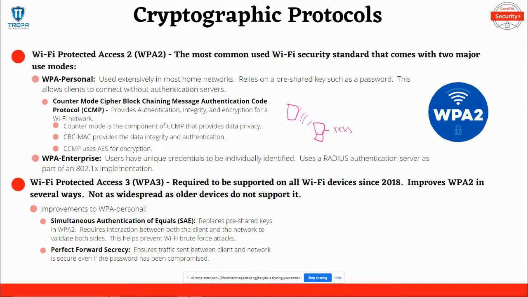And then just some key things to note here. WPA2 is going to use the Counter Mode Cipher Block Chaining Message Authentication Code Protocol. That is a mouthful. And CCMP is going to use AES for encryption, and then the CBC-MAC provides that data integrity and authentication.